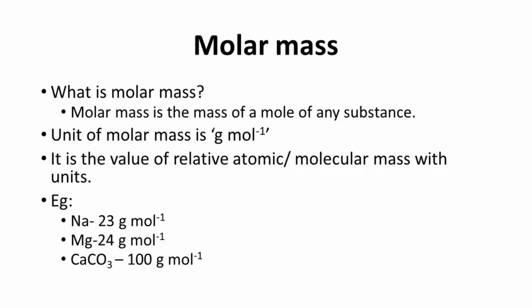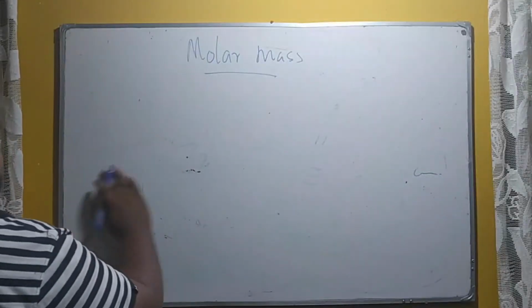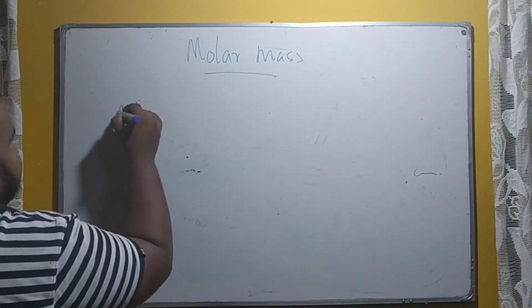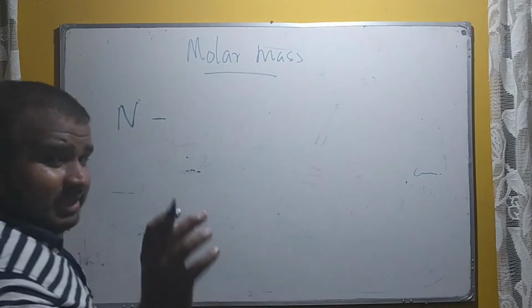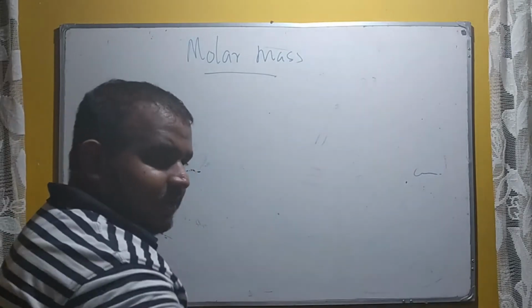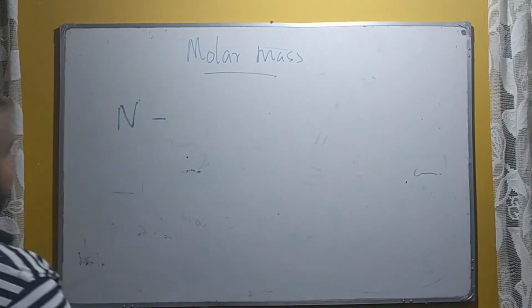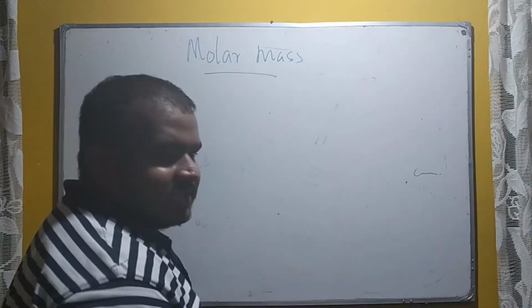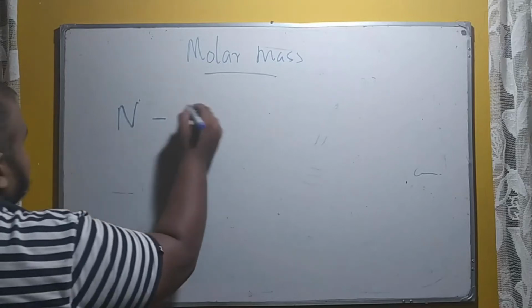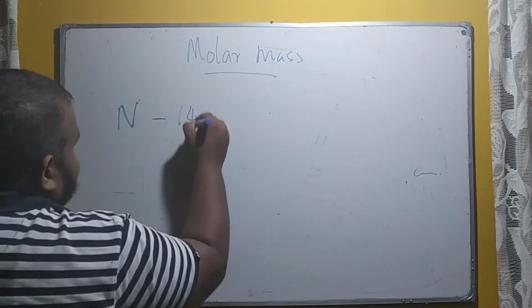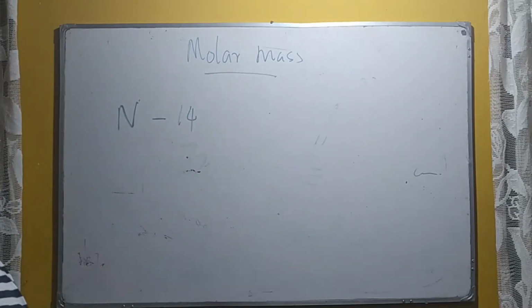So very simple. Don't make the chain complex. It's very simple. So nitrogen, the relative atomic mass is 14.